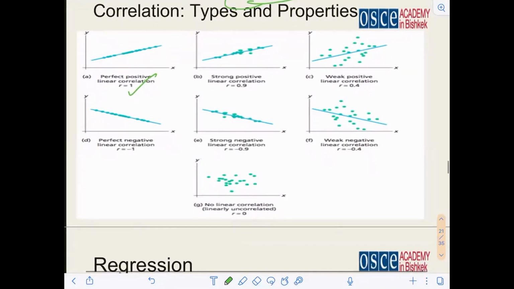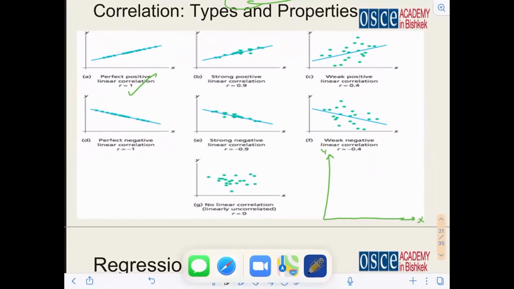If we plot on a graph, for example, this is my x-axis, this is my y-axis, and what was the digit actually? This is the big problem.